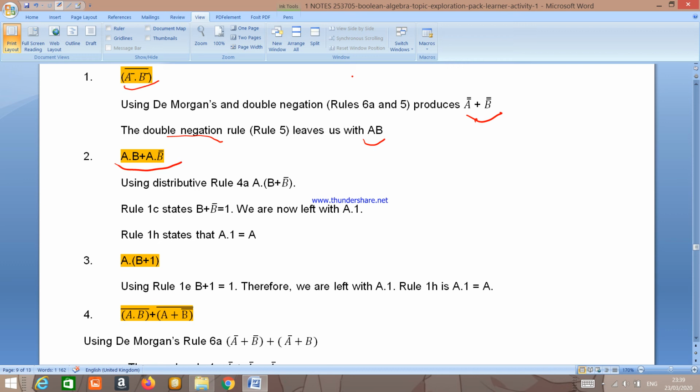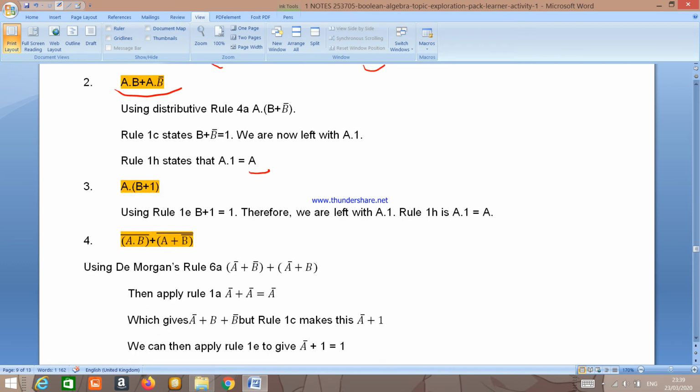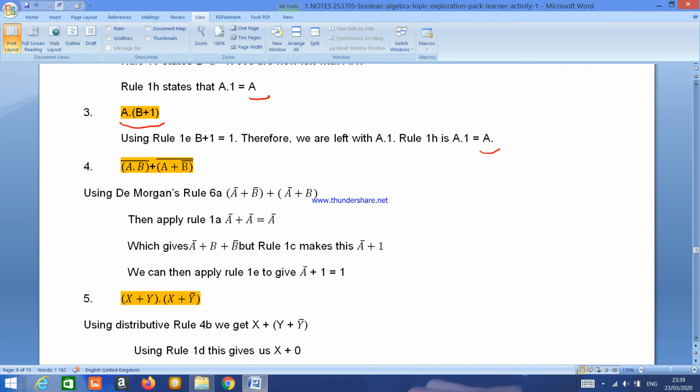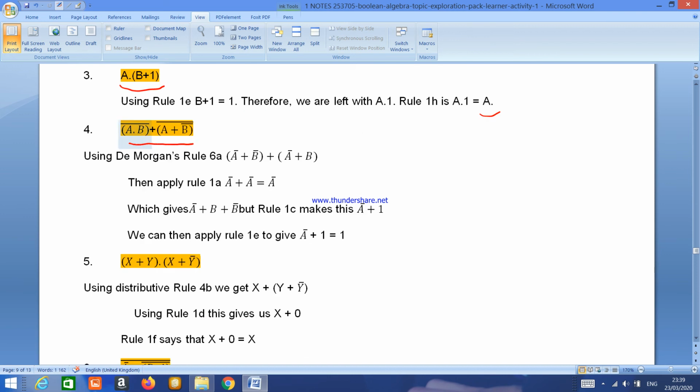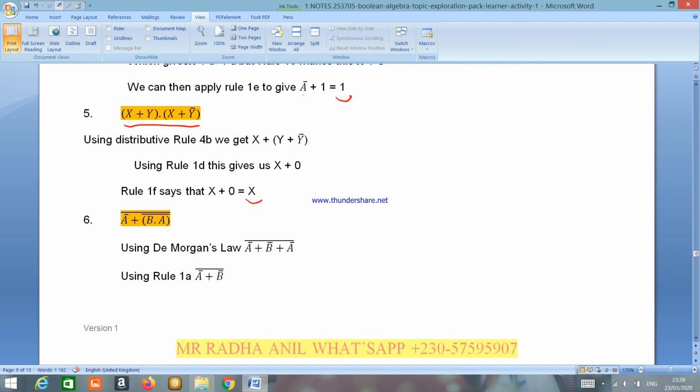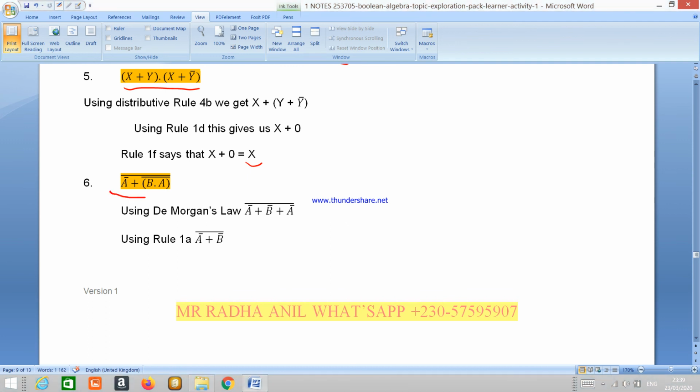Now this one also you can try. You're supposed to get an A. This one, work it out, you're supposed to get an A. And this one you can try, you're supposed to get an identity 1. This one, try it, you're supposed to get X. And the last one, you try to solve this and get this one.